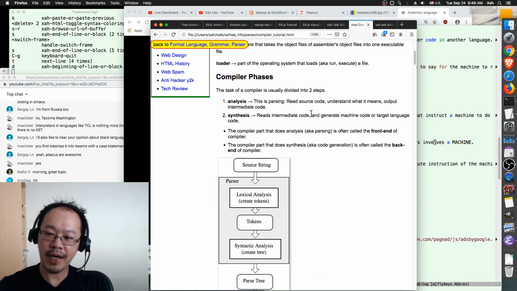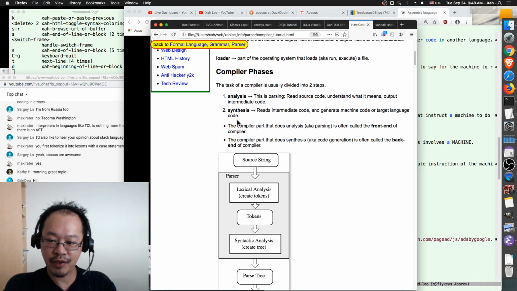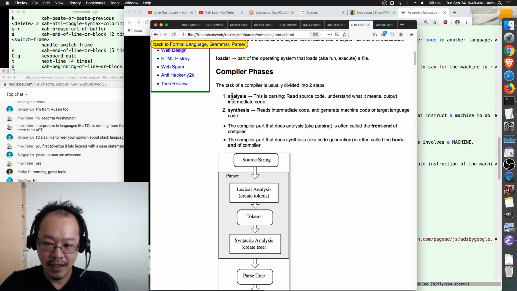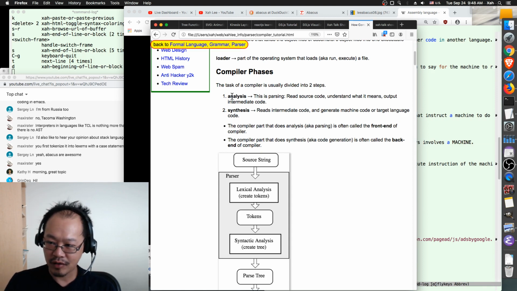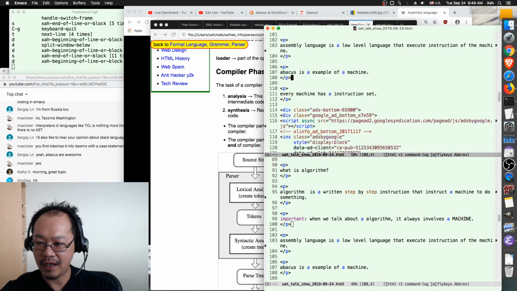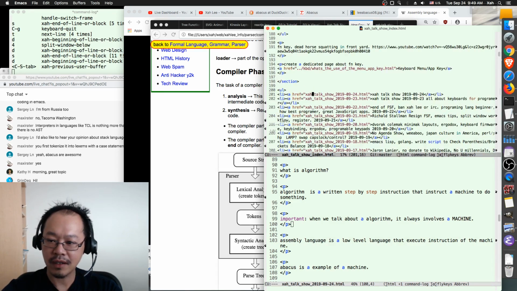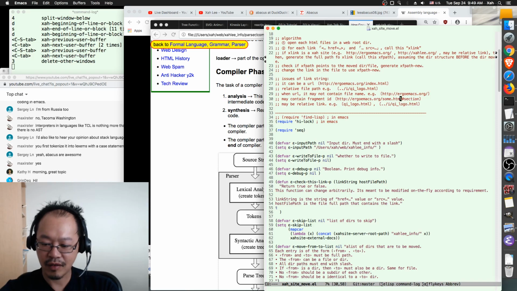Now, let's talk about compilers. When you compile today's Golang, JavaScript stuff, they basically have two steps: analysis and synthesis. Analysis step is basically you read the source code, you understand what the source code means exactly, and you generate a tree. So here is the source code.